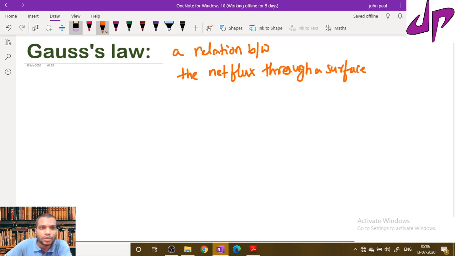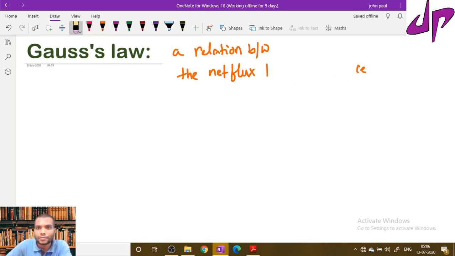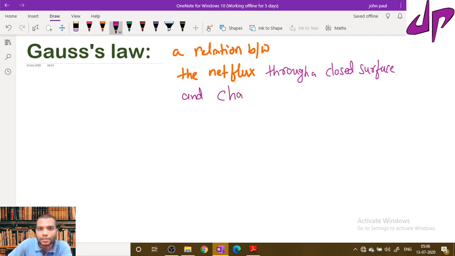It's supposed to be a closed surface. The net flux through a closed surface and the charge enclosed by the surface.